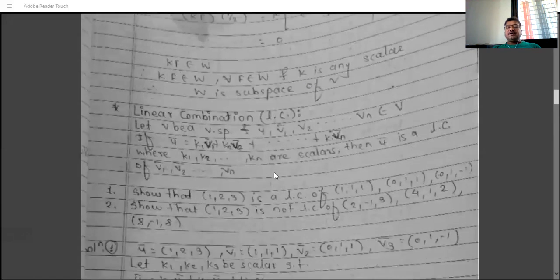In R3 we can solve these types of examples, and also for R4, R2, R1, and problems where one vector is a linear combination of two vectors, three vectors, or four vectors. We will see the remaining problems of linear combination in the next lecture.